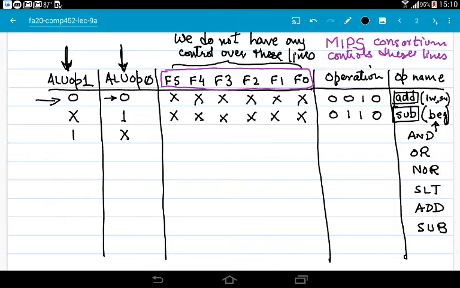Okay. Actually, why not MIPS function codes, and there we go.